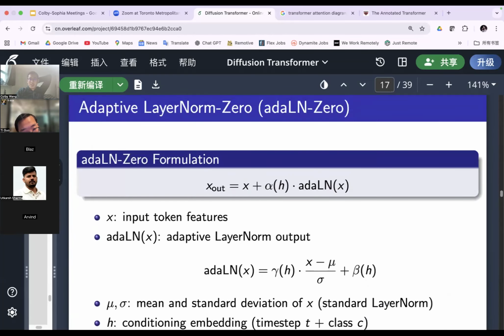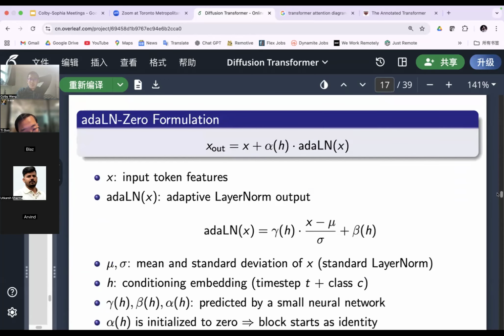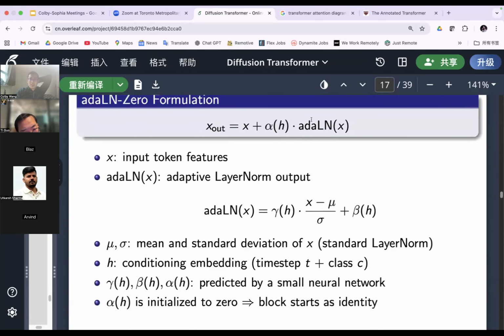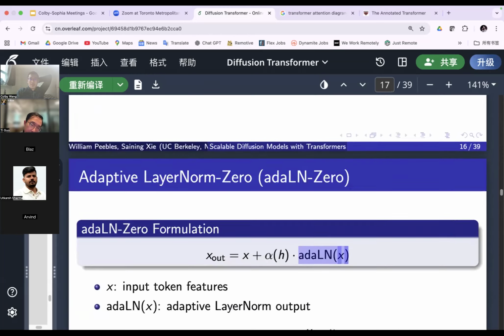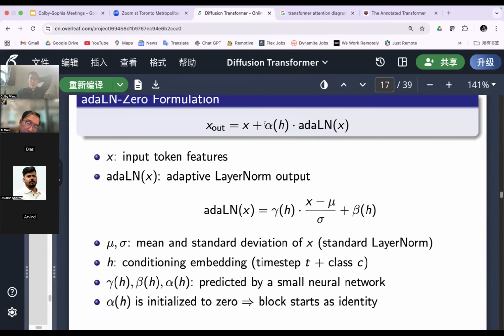After we pass through the previous layer norm stuff, they find it helpful to multiply it by alpha and then add x again. It's like another scaling term that they find useful, because when they try it without it, the quality is not that good.